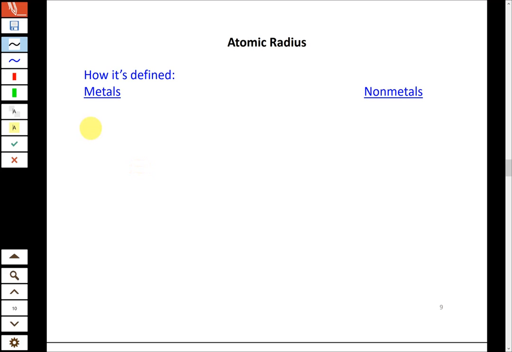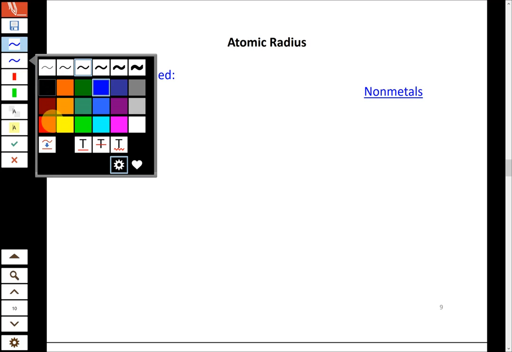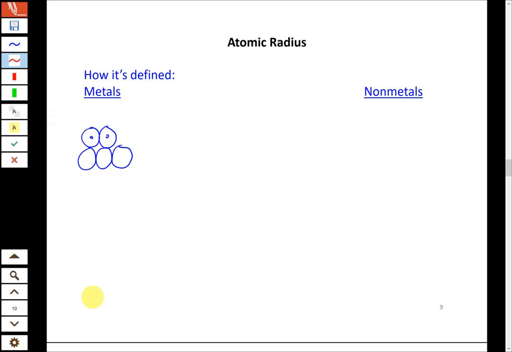So for metals, as we'll learn at the very end of the course, metals tend to have regular arrangements of the atoms. They all kind of line up in these regular rows. So if these are all the atoms in a metal, they're kind of all clustered close together like this. And we have a lot of different techniques available to us for measuring the distance between two nuclei in a metal.